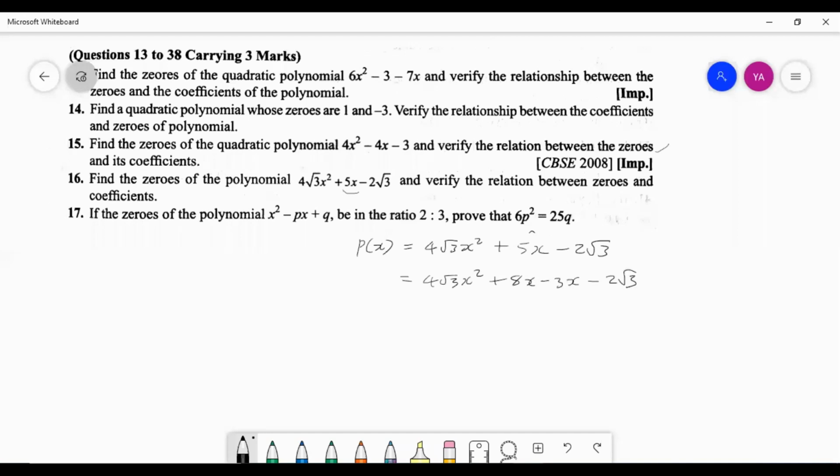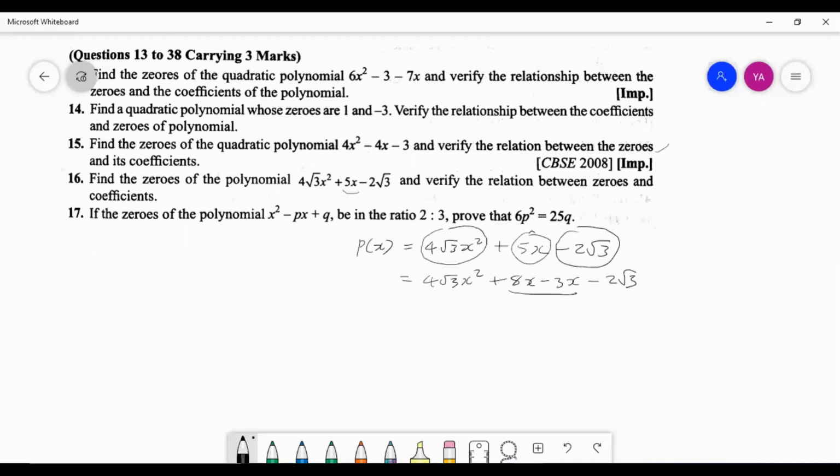Very good. The sum of these two, 8x plus minus 3x, will be 5x. And their product, 8x into minus 3x, should equal the constant term minus 2 root 3 into 4 root 3x square. So you check the product: 8x into minus 3x means minus 24x square.